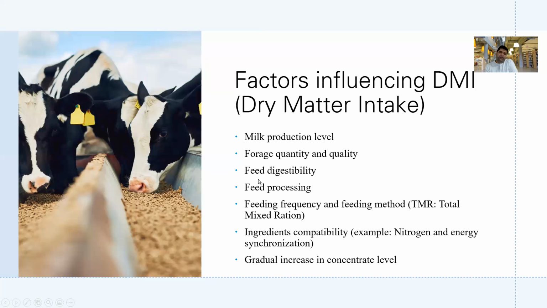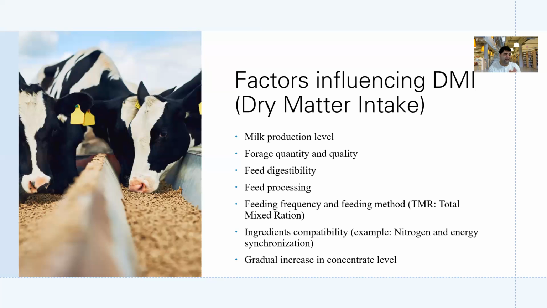So the next item is feed digestibility. I talked about forage digestibility a little bit in the previous item, but here when I'm talking about feed digestibility, I'm talking about the mixture of forage and concentrate. You can consider feed processing, you can search it up. Feed processing can be either physical feed processing, like cutting the forage in proper size, rolling the grains, flaking the grains, heat processing, or chemical processing.